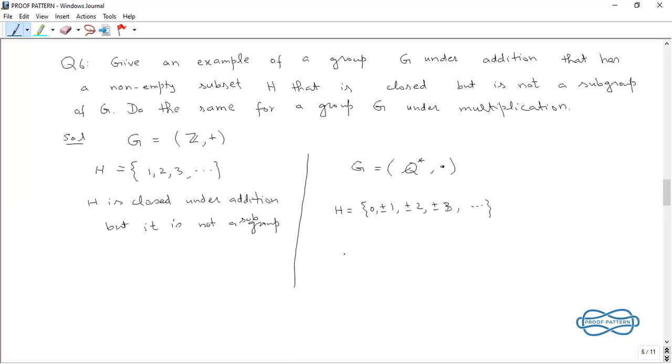This is of course closed under multiplication. H is closed under multiplication because whenever we multiply two integers, we will get again an integer. But H is not a subgroup because, for example, 3 belongs to H, and the multiplicative inverse of 3 is 1 by 3, and 1 by 3 does not belong to H.